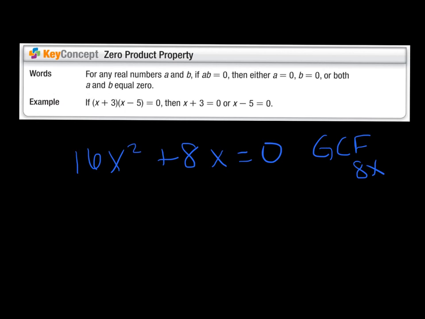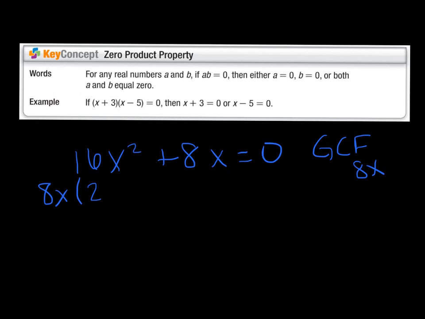So let's go ahead and do that over to the side. If I'm pulling out an 8x, I will ask myself, what times 8x gives me 16x squared? So you can put this into different pieces. You can put it into a numbers piece and into variables. So if I'm looking at the numbers, what times 8 gives me 16?